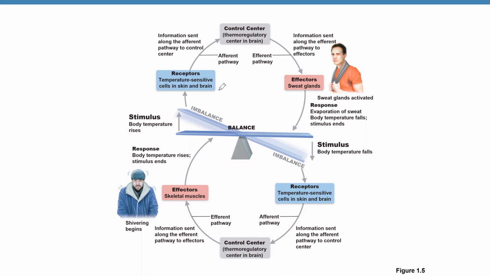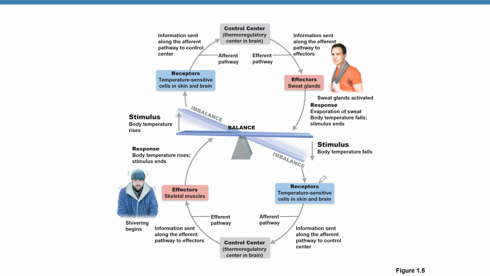Now the brain will compare the information received to the set point, and information will be sent along an efferent pathway to the effector. In this situation, it is your sweat glands. If sweat glands are activated, you will produce a response. Evaporation of sweat will cool you down. Body temperature falls and the stimulus ends.